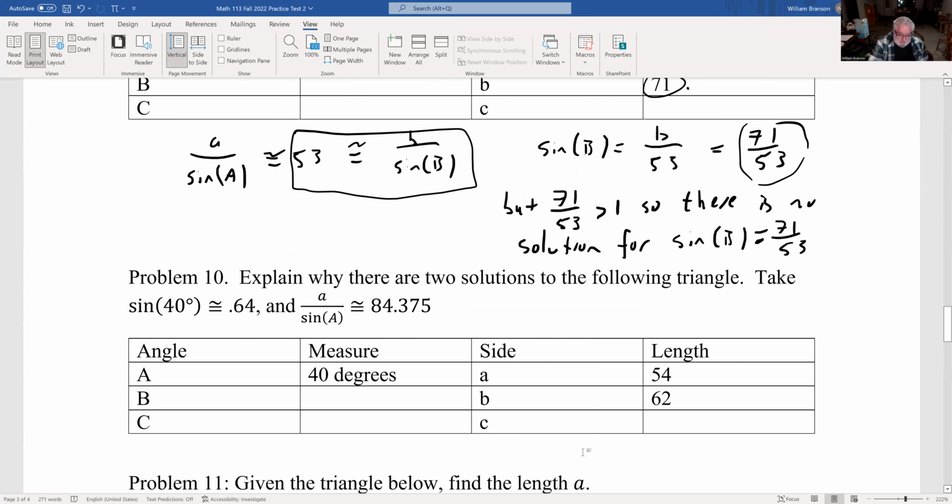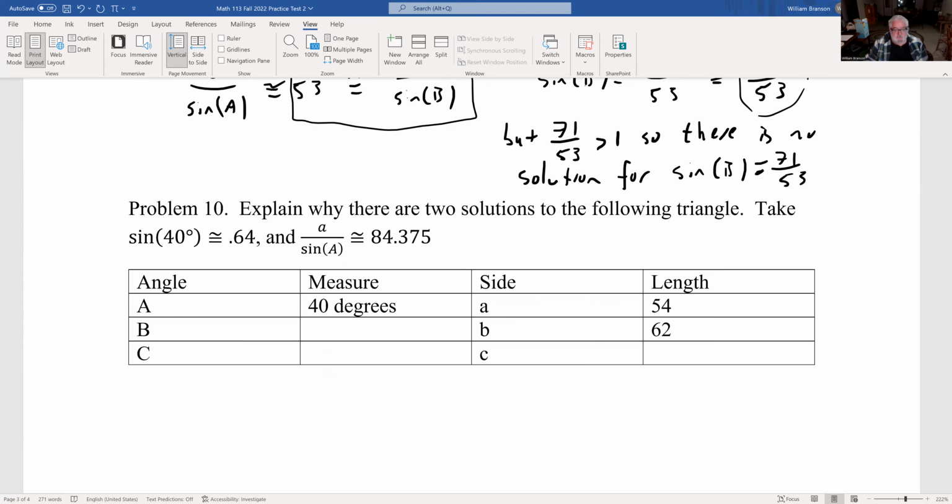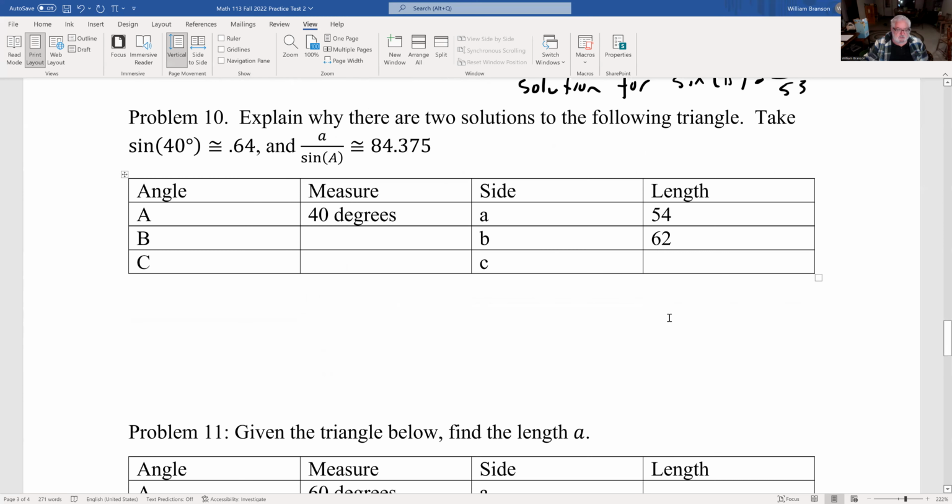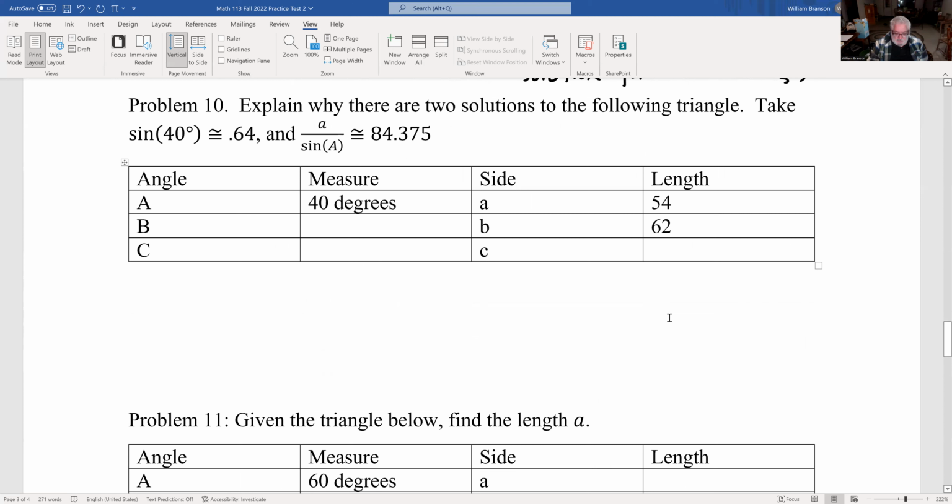The argument here is in the same direction. Why are there two solutions to the following triangle? Well, again, a law of sines kind of thing here. A over sine A is about 84. So that means we know what length B is.